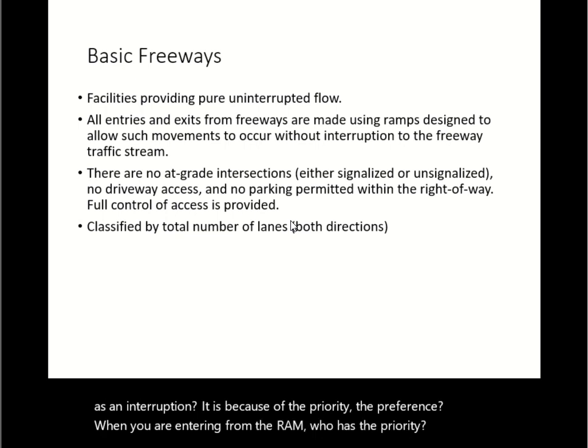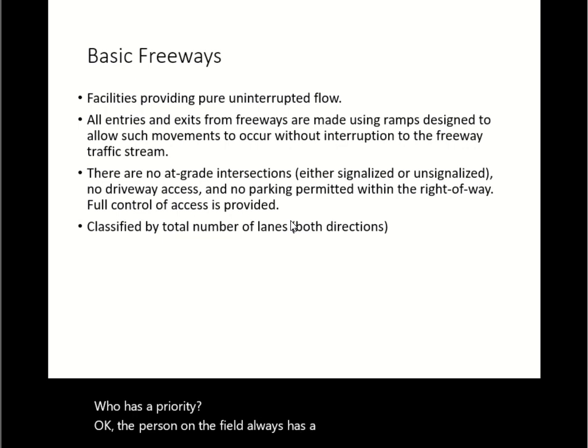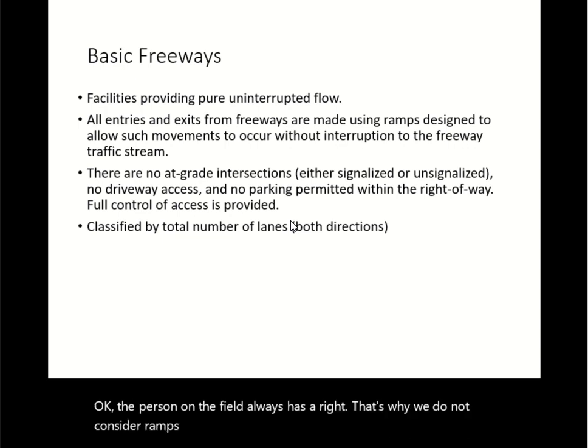The guy on the freeway. When you are exiting, who has the priority? The freeway has the priority. The person on the freeway always has the priority. That's why we do not consider ramps as interruptions.